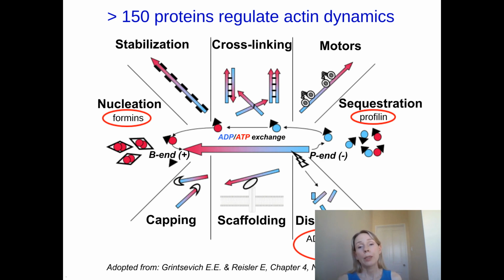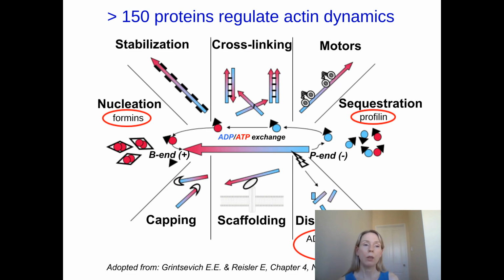Actin regulation system is extremely complex, and there are multiple groups of factors which regulate actin assembly and disassembly in cells. And of course, I'm not going to be talking about all these factors, but I just bring to your attention the focus of my talk today. I will tell you how actin disassembly can be orchestrated by Mical family enzymes.